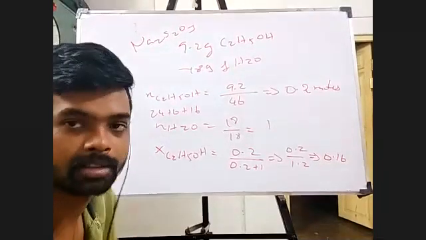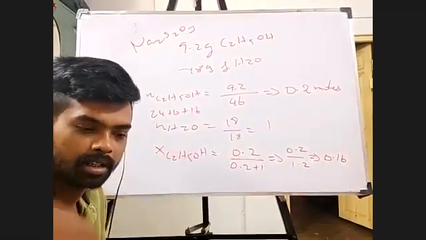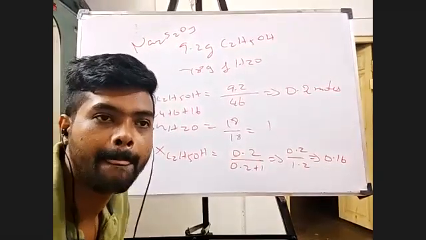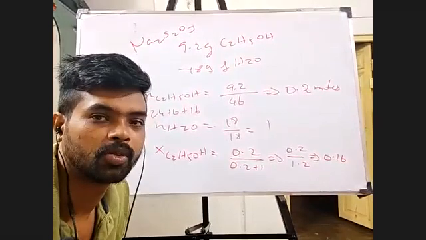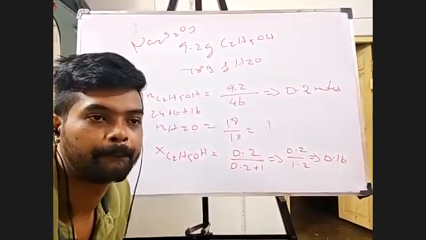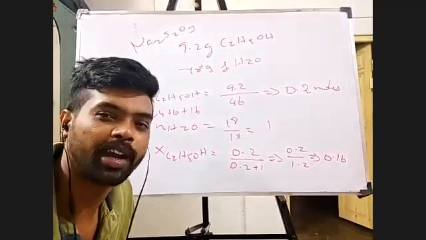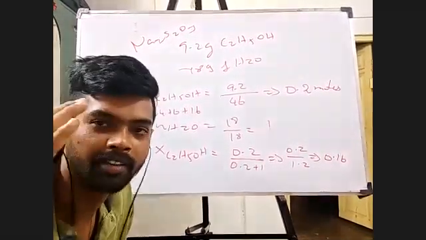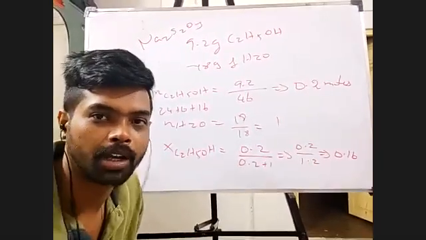Now I will do this. Tell me what is the solvent here, guys? Water. Exactly. So blindly do this. Whenever solvent information is not given, the solvent is water. Blindly take it.